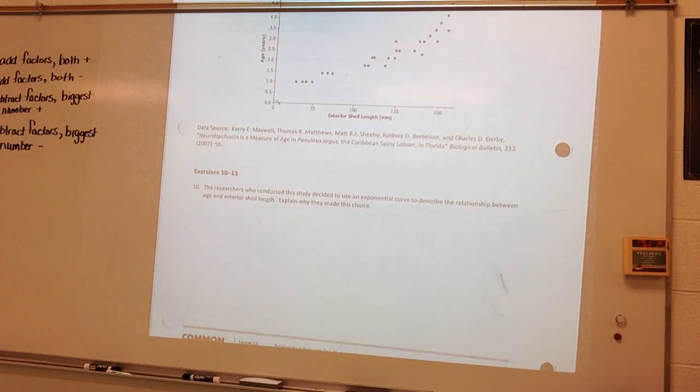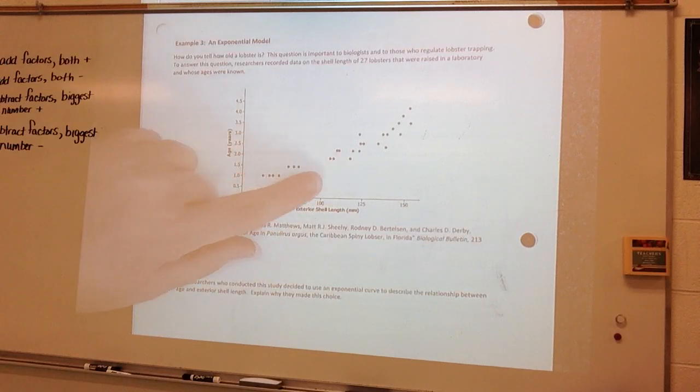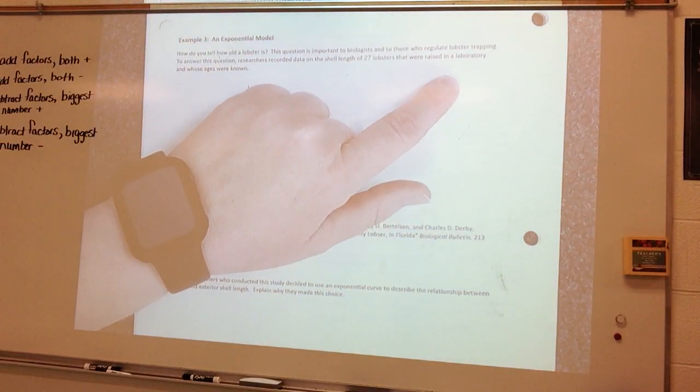The researchers who conducted the study decided to use an exponential curve to describe the relationship between age and exterior shell length. Explain why they made this choice. Well, we see as the shell gets longer, the age of the lobster increases. All right?